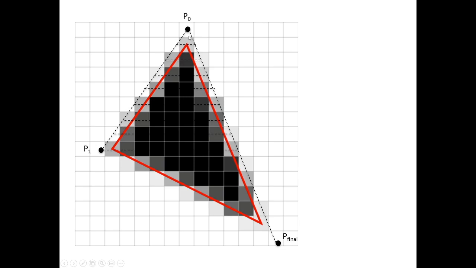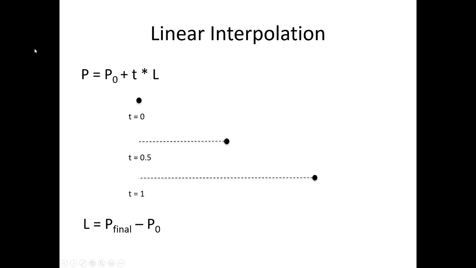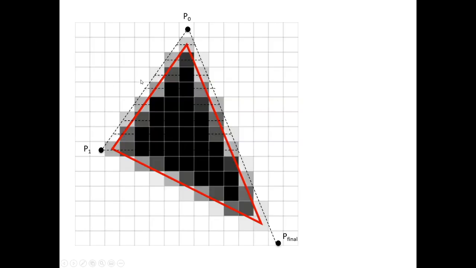This one is 12 pixels that we have to jump through, so t is 1/12 over here, but over here it's 1, 2, 3, 4, 5, 6, 7, 8. So it's 1 over 8. By doing 1 over 8 on this side, and again it's linear interpolation, we take the full length from the end point to our start point, multiply by t, and t is 1 over 8 here, but that puts us here.